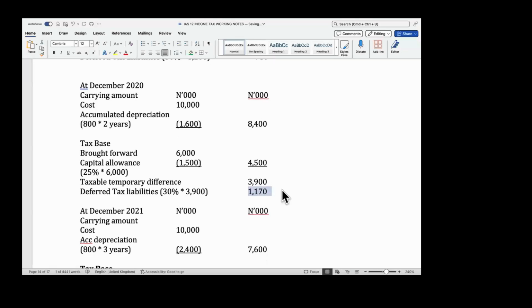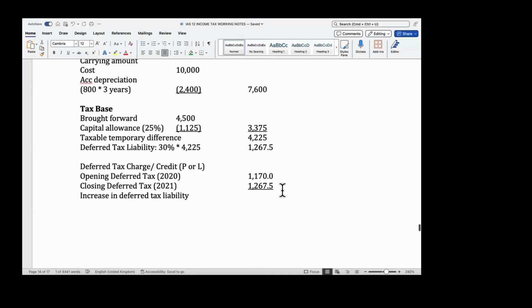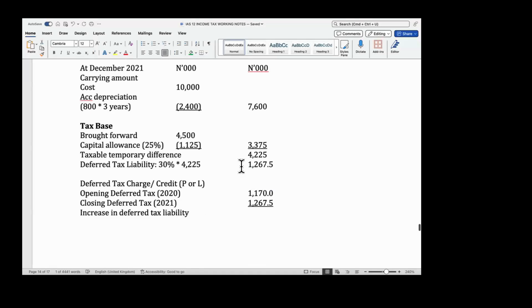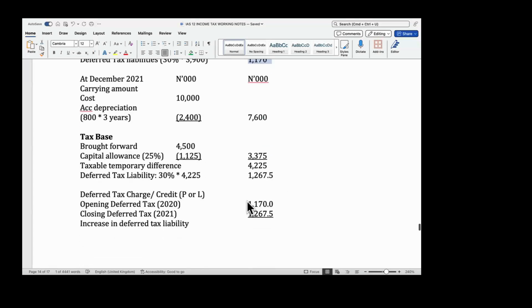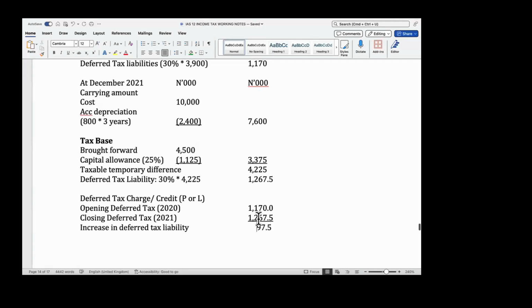Then that difference is what will go to P&L as deferred tax in 2020. But in 2021, you're comparing this 2021 deferred tax as closing and the previous year, 2020 deferred tax, as opening. So what's the difference? 97.5. Okay, so this was the error we made, now rightfully corrected.